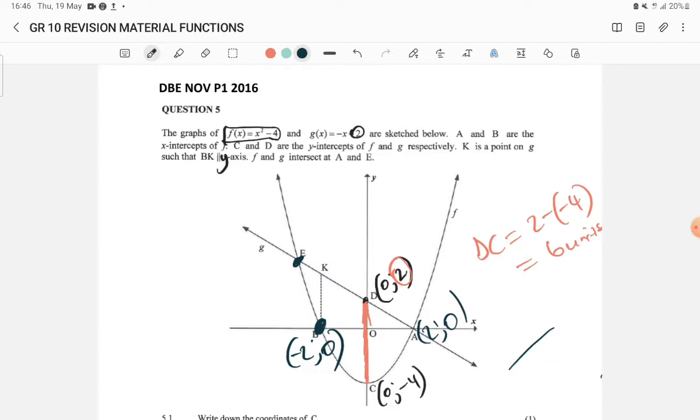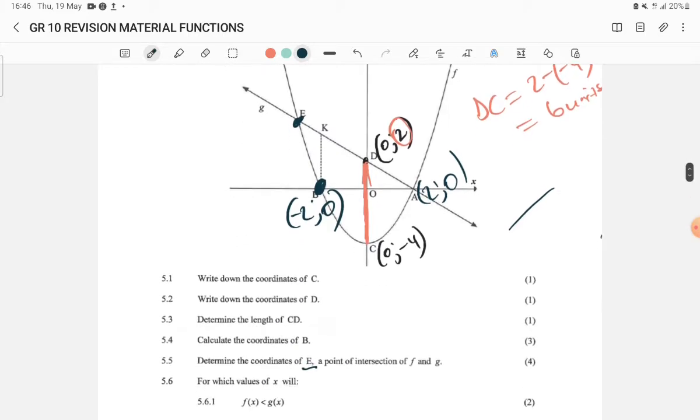So we really need to know the fact that these two equations are equal here and also at a. So we just have to know that at e and at a, f at x is equal to g at x, because this is the point of intersection of the graphs anyway.